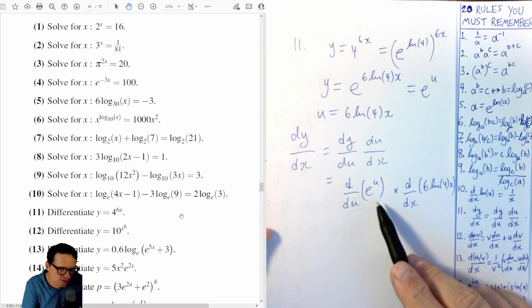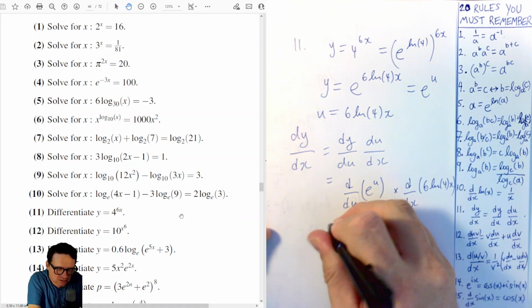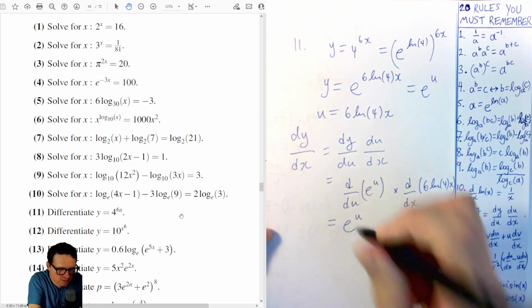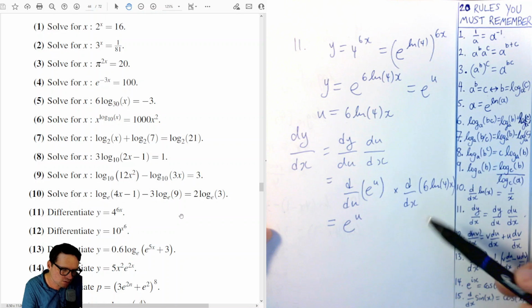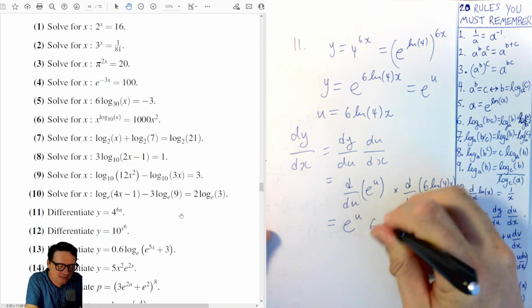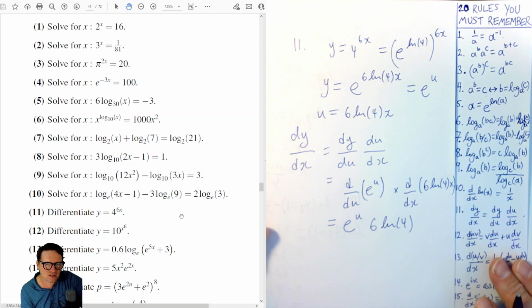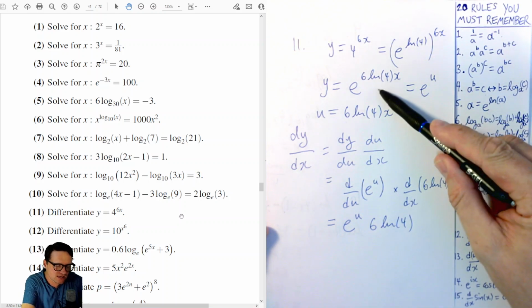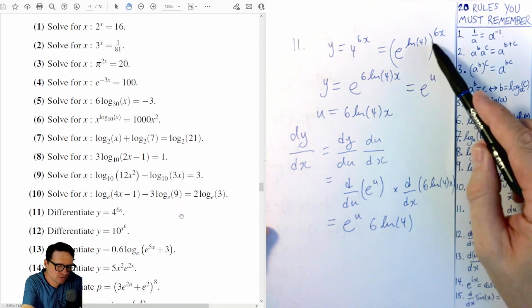All right, now the derivative of e to the u with respect to u is e to the u. And the derivative of 6 ln 4 times x, which we can think of as a constant times x, is just that constant, 6 ln 4. Now what was e to the u? Remember how we got that?